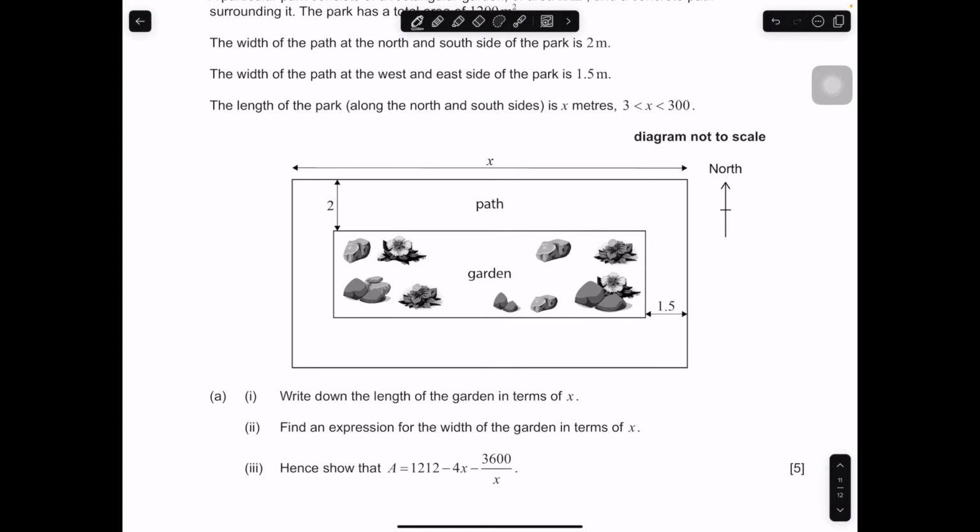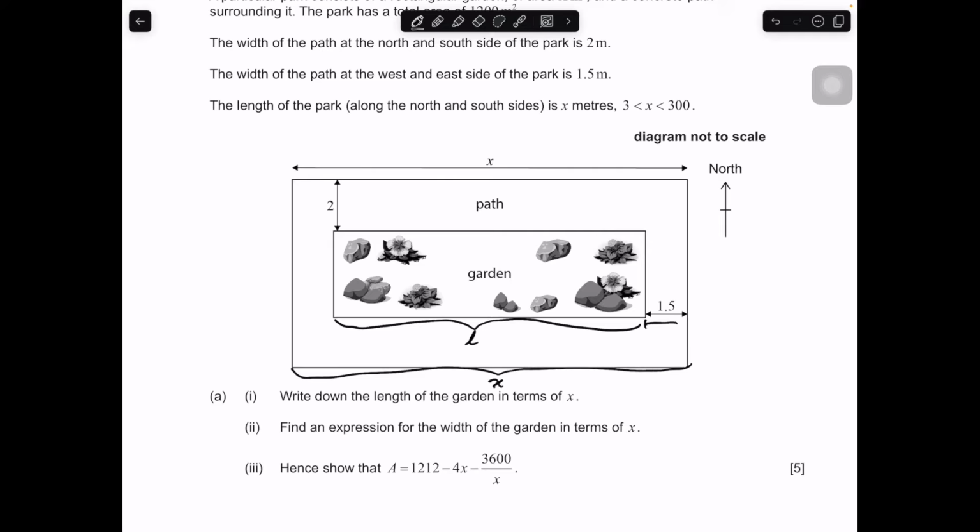Okay. So the length of the garden, this is going to be the length of the garden. And we want to write this in terms of x. So L is equal to, so we know that this right here is the total length, right? This extends all the way to x. But it's not exactly equivalent to x because we're missing this 1.5 meters, and we're also missing this 1.5 meters.